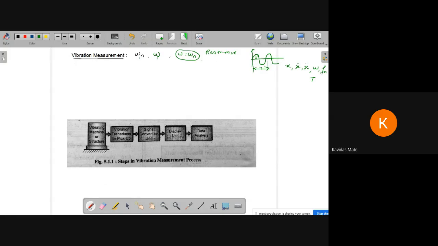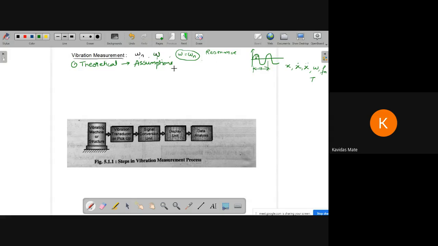Now people may say we can find the natural frequency of the system using theoretical concepts. We have theoretical formulas for it. But when we derive these formulas, there are a lot of assumptions. For example, we say a material is isotropic and linear, but in the actual case it may not be. We also don't consider any thermal effects.